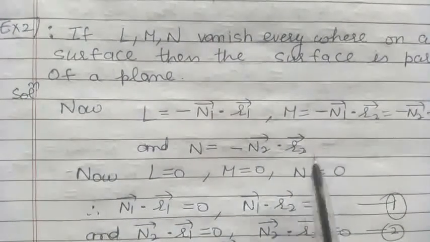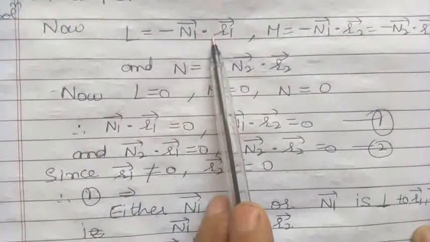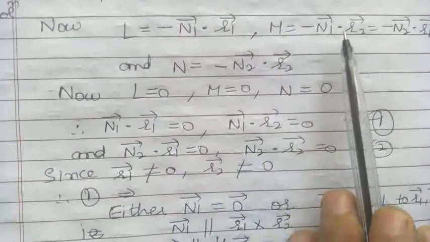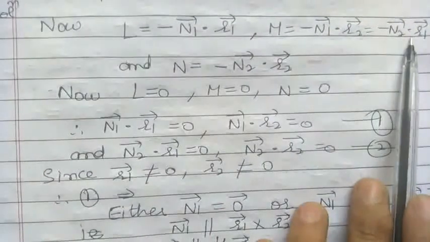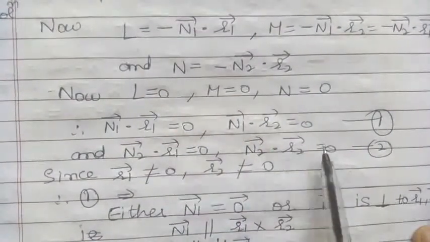Now because we are given that L, M and N vanish, L is 0, M is 0, N is 0. So from here, if L is 0, n1 dot r1 will be 0. M is 0, so n1 dot r2 and n2 dot r1 will be 0. N is 0 means n2 dot r2 is 0. So we have obtained these dot products equal to 0.